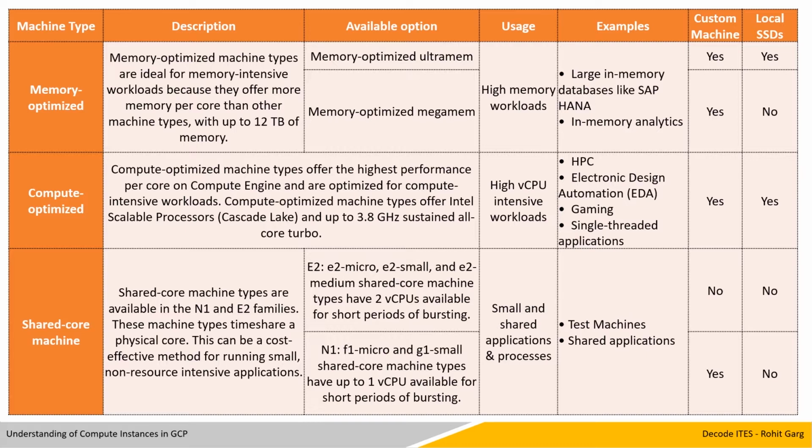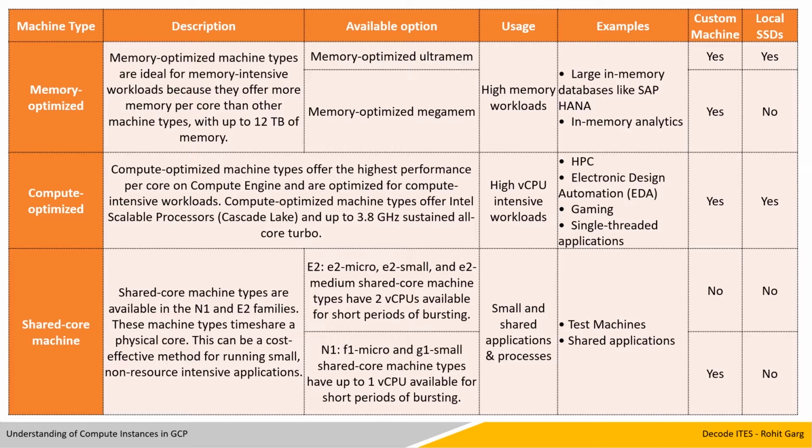The last one is the shared core machine. Shared core machine types are available in N1 and E2 families. These machine types timeshare a physical core. This can be a cost-effective method for running small, non-resource intensive applications. There are two types of machines available under shared core: E2 and N1. E2 has E2 micro, E2 small and E2 medium. Shared core machines have up to 2 vCPUs available for short periods of bursting.